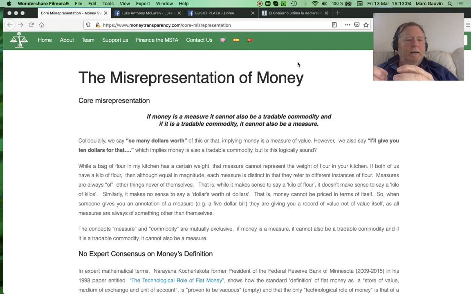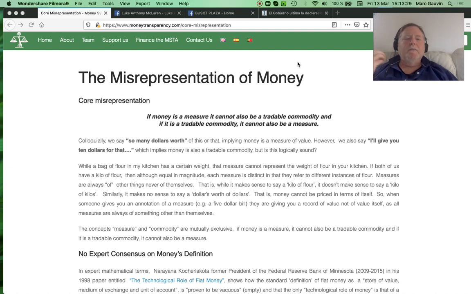But if we're going to define money as a commodity, then we have to think differently and define it completely differently. The two ways we would define money as a commodity versus money as a measure are mutually exclusive. In other words, putting them together is a logical fallacy or mistake, a confusion.